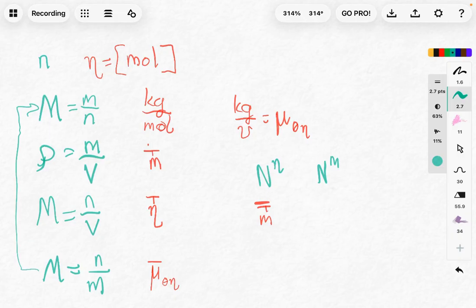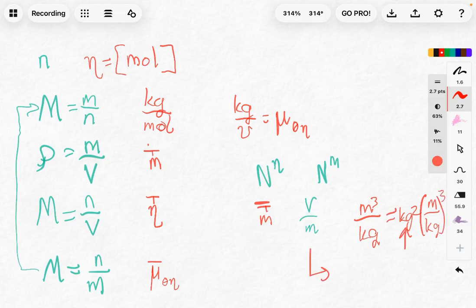If you look at volume per mass, the units for this would be meters cubed per kilogram, but we can look at this in a slightly different manner. Let's take kilogram squared and multiply this by meters per kilogram cubed. These are equivalent. This is defined as area sub 3 mass.